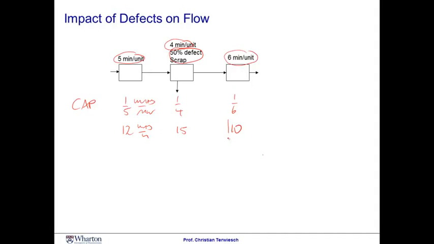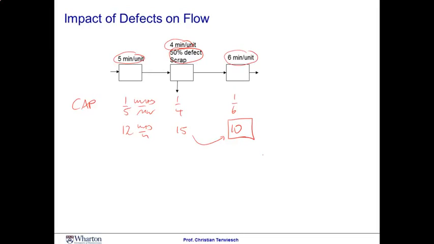So would we really say that this step is a bottleneck? We have not considered the scrap rate. We have not considered that of the units that go through step 2, only half of them will actually make it to step 3. How do we factor that into the analysis?